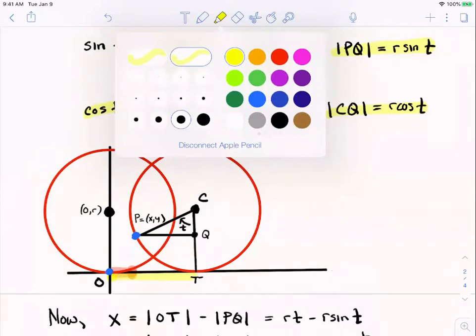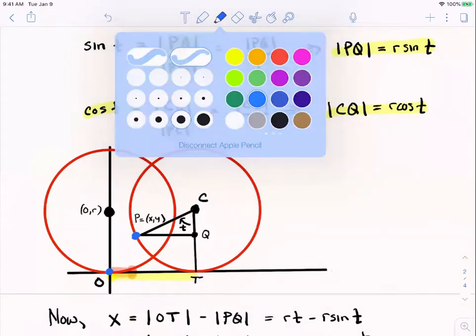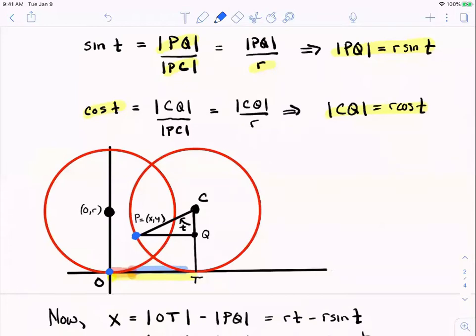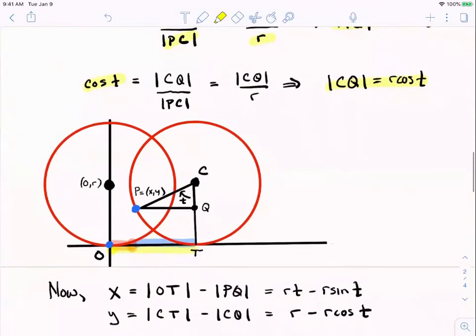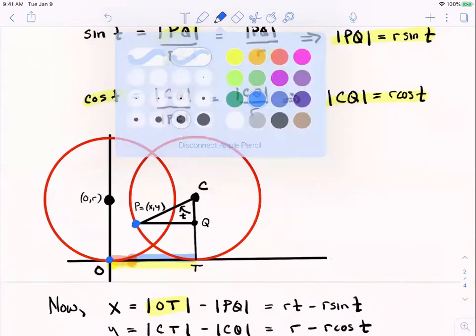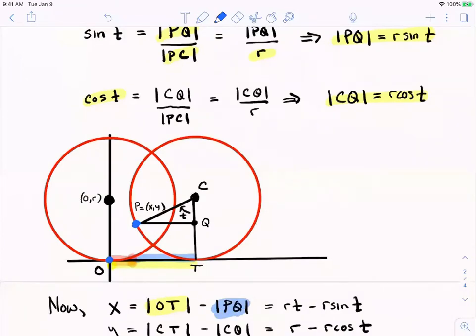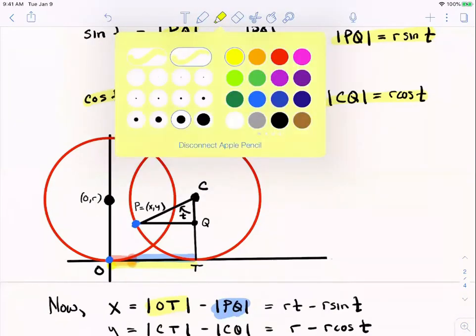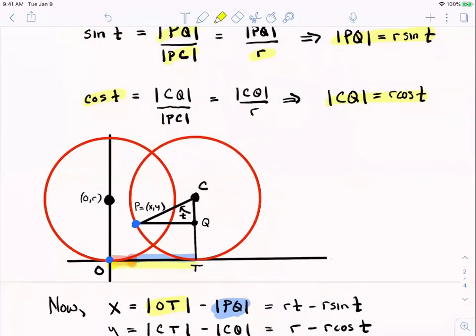And then there's one more distance that I'll draw in blue. I'm shading those to help us understand this equation that I'm writing down here. OT, the yellow one, minus PQ, the one shaded in blue, is equal to x. That's clear from the picture, because the yellow segment, take away the blue segment, leaves the red segment, which is x. That's what I mean by this first equation.